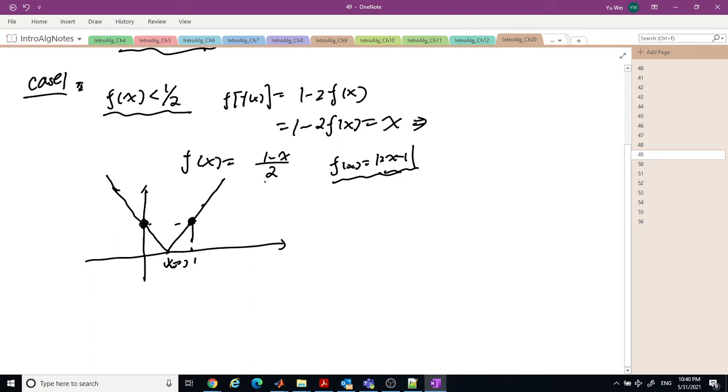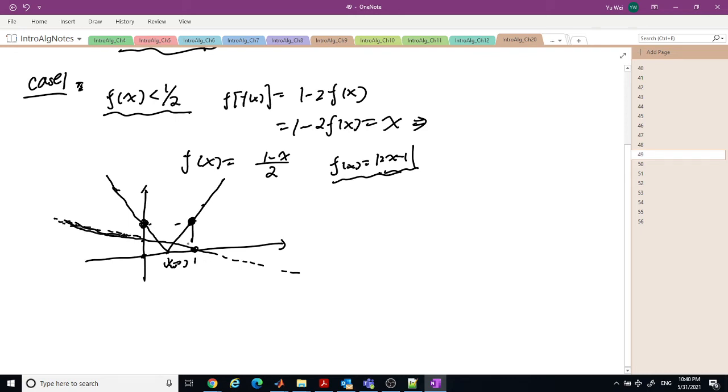Now for this one, when it is 1, we are at 0, and when it is 0, we are at half. It's something like this, right?